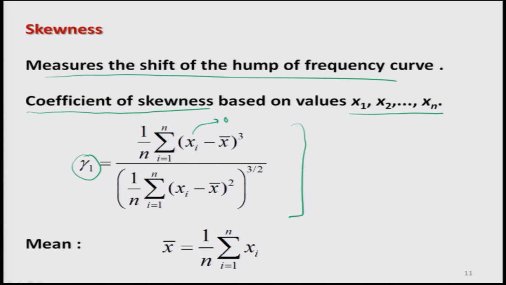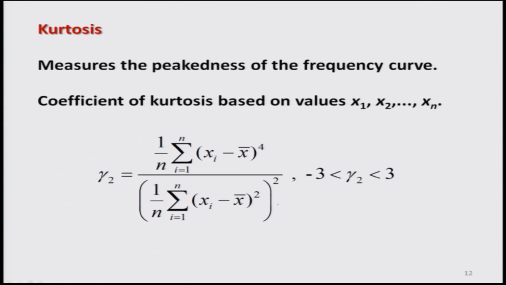These xi's are my observations, this is my mean, and we take the deviation of each observation from the mean, cube it, and then take the average of these cubes. Similarly in the denominator also we have a similar thing. So, this quantity gives us an idea whether the hump is on the left hand side or right hand side. How? That we will try to see.